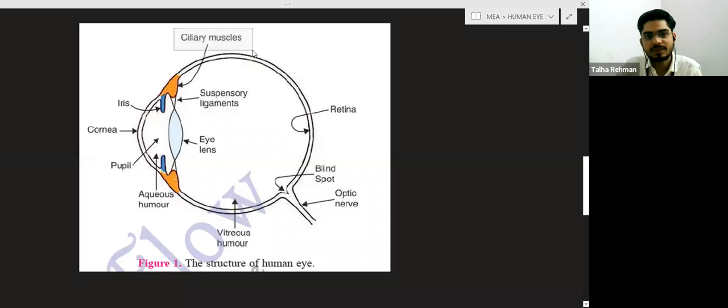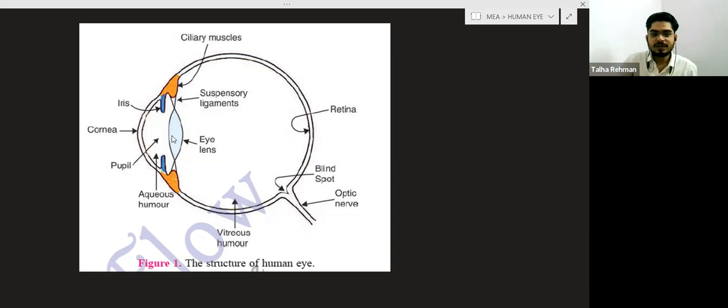These are ciliary muscles, and these ciliary muscles adjust the focal length of this lens, by changing the shape of the lens. Sometimes the ciliary muscle contracts the lens, and sometimes expands the eye lens. So if you expand or contract the lens, the focal length of the lens will change.